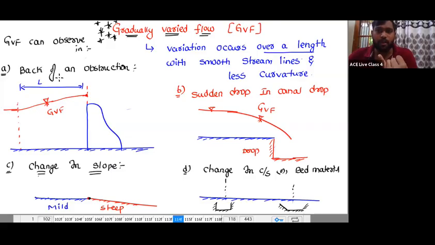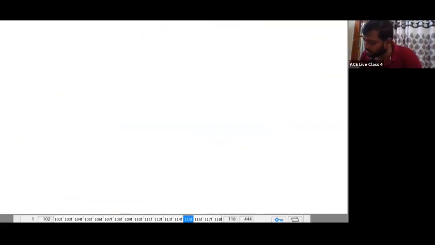Number 2, the curvature. Number 3, length. For all these three objectives, we are going to determine one equation, and that equation we are going to call the dynamic equation of GVF.